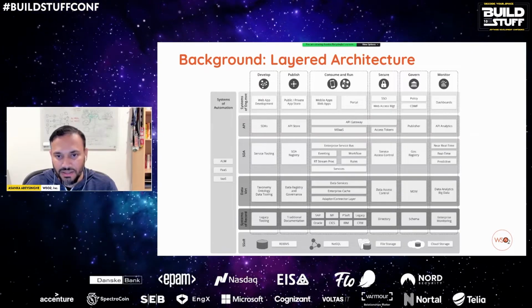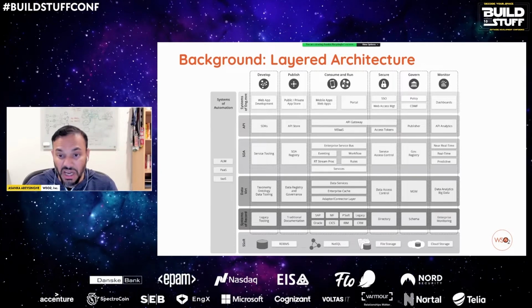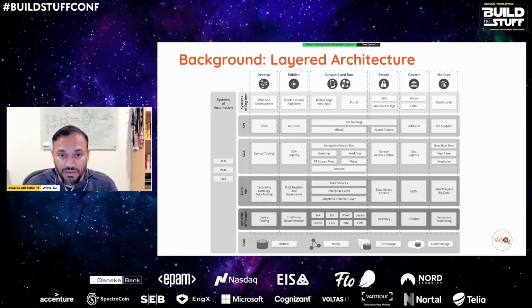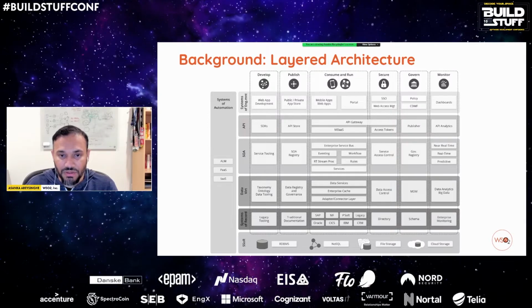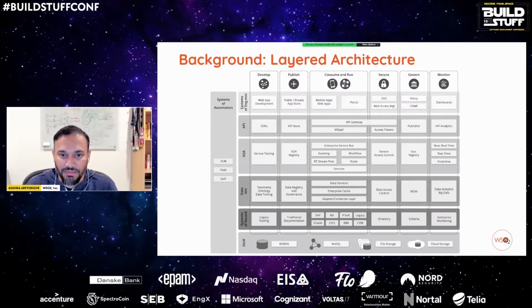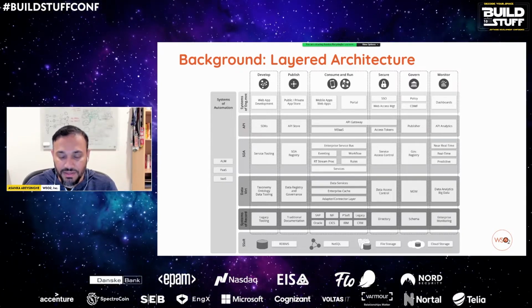So this is an architecture diagram that I drew around 2009 or 2010, around that time. And it was a very productive diagram, and we used this to build many systems. And if you look at this diagram carefully, it is not a typical layered architecture diagram. This is two-dimensional.